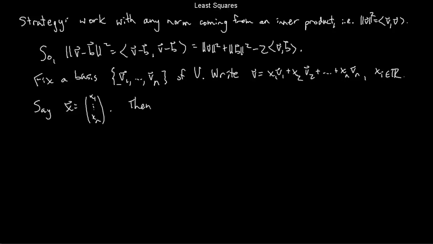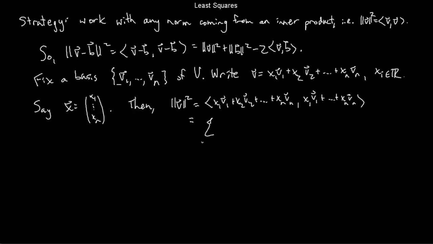So if you use this expression for the vector v, then the norm of v squared is still v dot v, and that's x1 v1 plus x2 v2 plus, and so on, xn vn, that's our expression for v in terms of this basis, dotted with itself. Okay, and if you use the bilinearity of the inner product to break that up, you're going to get a combination of vi dot vj's.